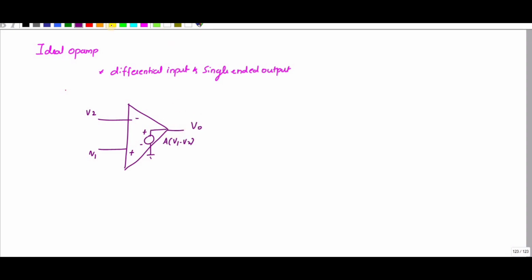So if I draw the transfer characteristics for this V0, this is my input voltage VID, a differential input, and you have a single-ended output.